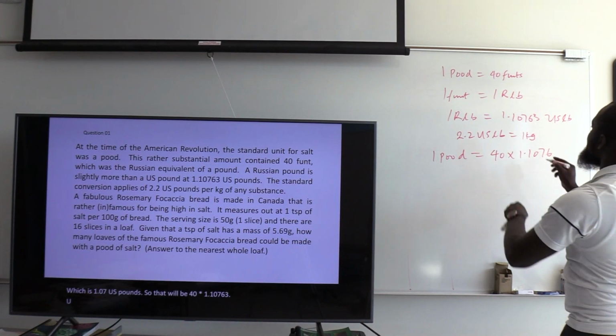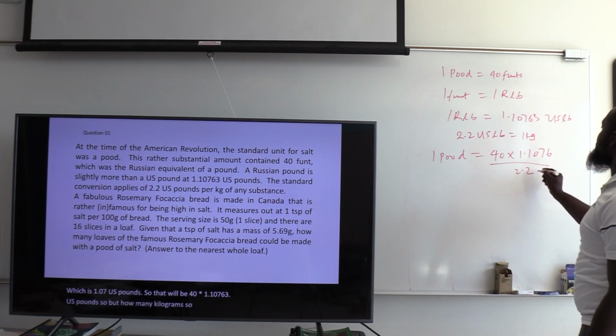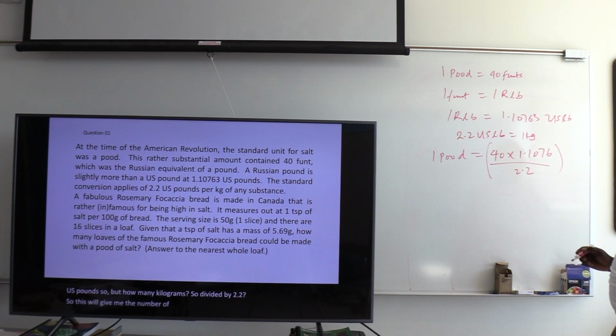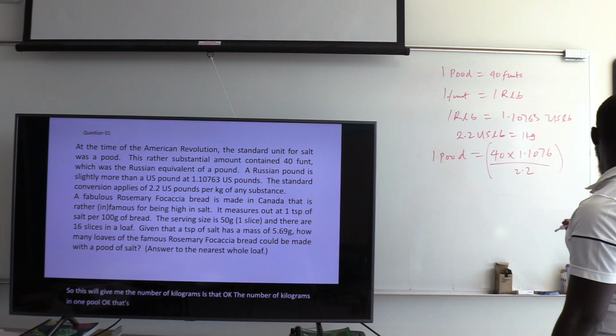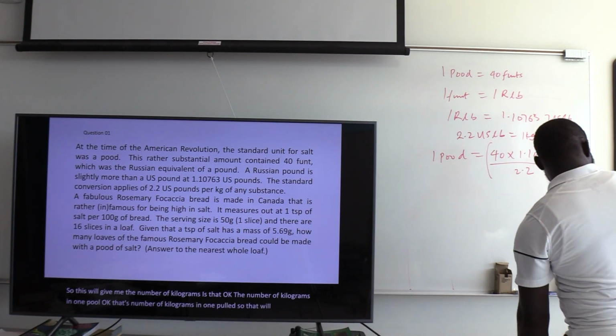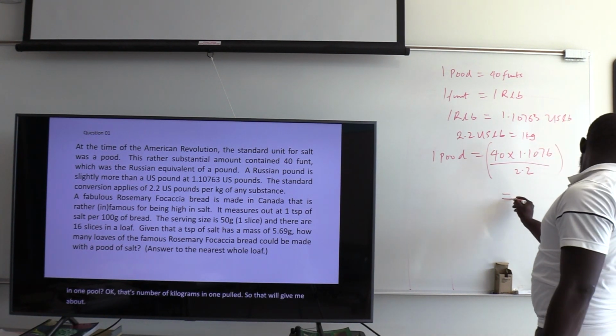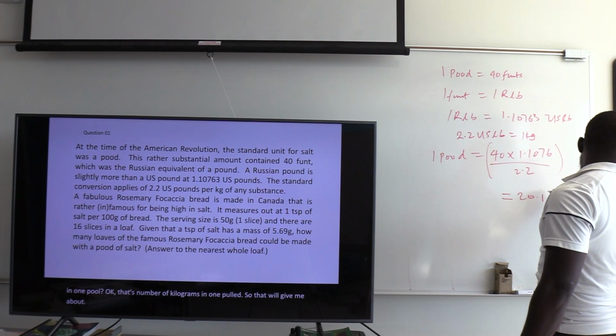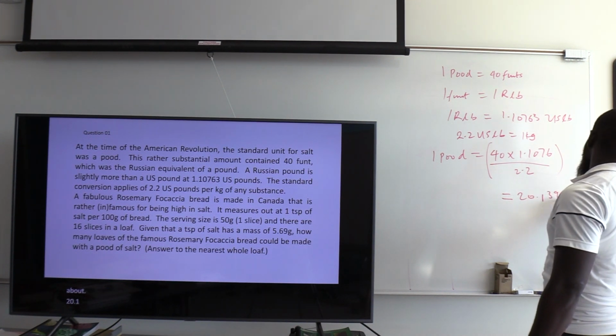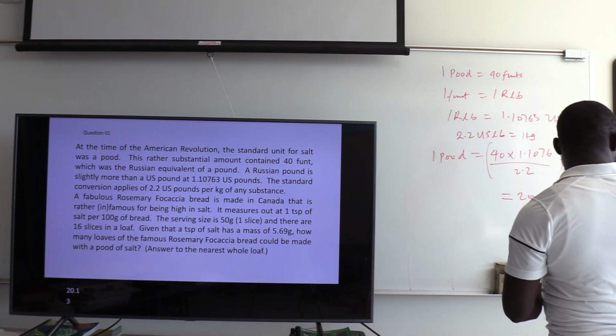But how many kilograms? So divided by 2.2. This will give me the number of kilograms in 1 pud. So that will give me about 20.139 kilograms in 1 pud.